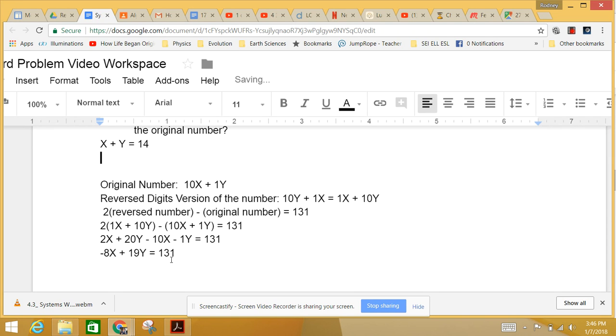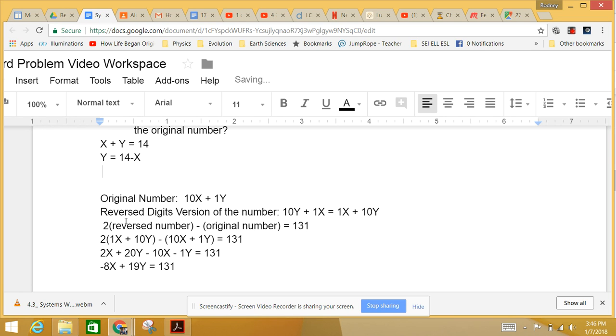Again, this is a situation where I would use substitution. And I'm going to rewrite this equation. If I subtract x from both sides, I get y equals 14 minus x. If I subtract y from both sides, I'm left with x equals 14 minus y. So I have different versions I can work with. Again, I'm going to prefer to multiply times negative 8 than times 19.